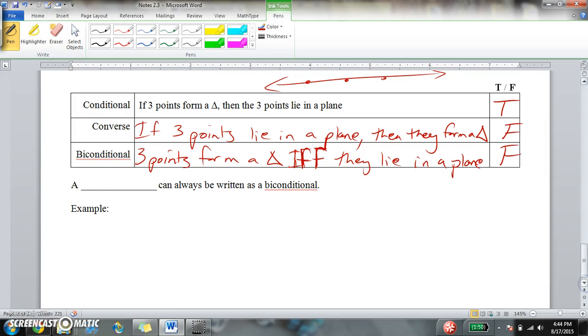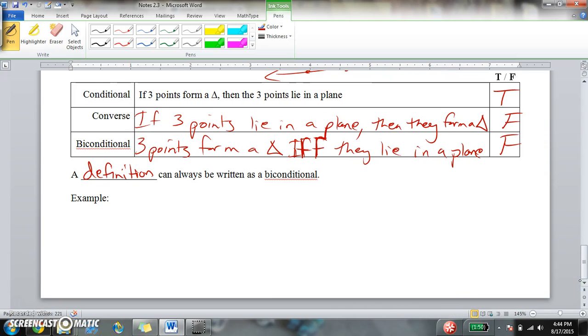Last thing, a definition. Definitions, and like I said at the beginning, postulates, can always be written as a biconditional. So, an example, definition of a triangle? Well, a triangle is a shape with 3 sides.